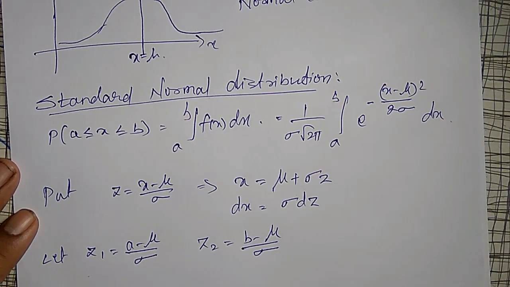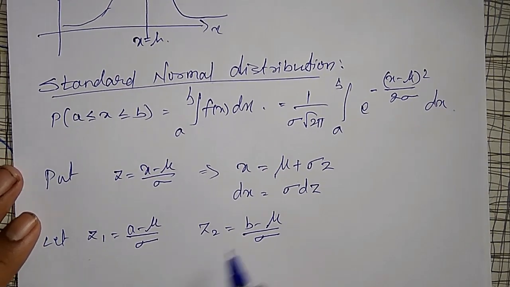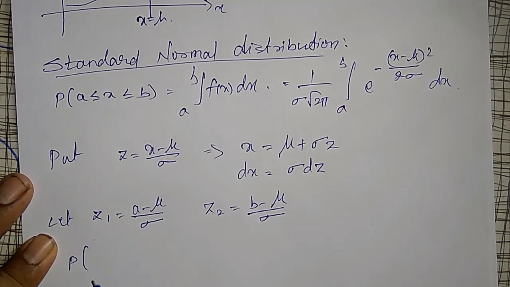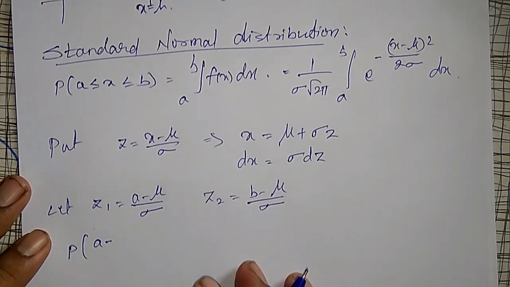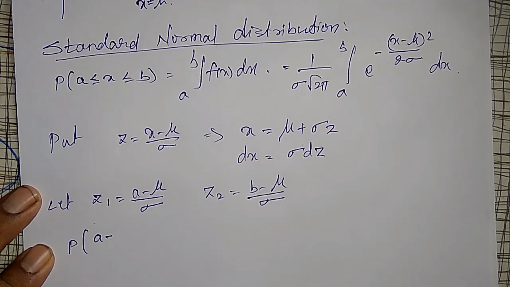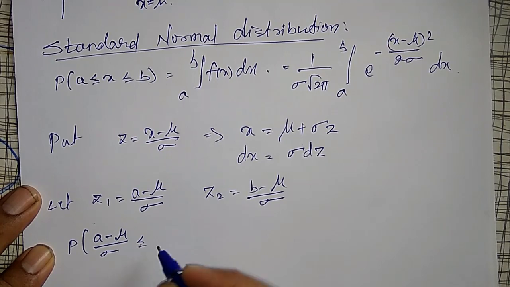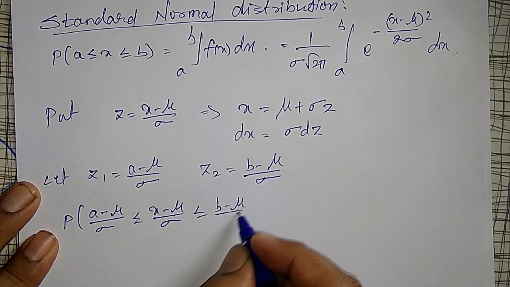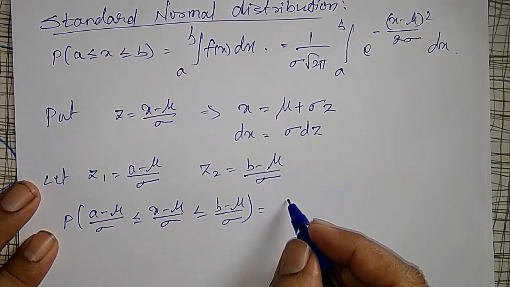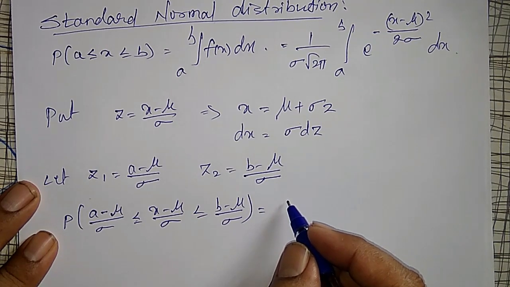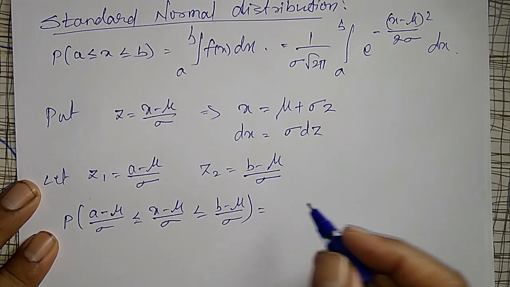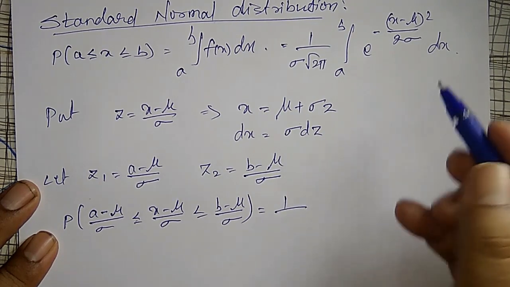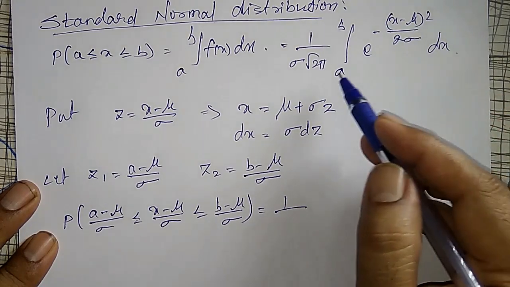Then in this integration, if I substitute all these things, I will get the probability of a minus mu divided by sigma less than or equal to x minus mu divided by sigma less than or equal to b minus mu divided by sigma is equal to 1 divided by sigma root 2 pi, and my dx is to be sigma dz.